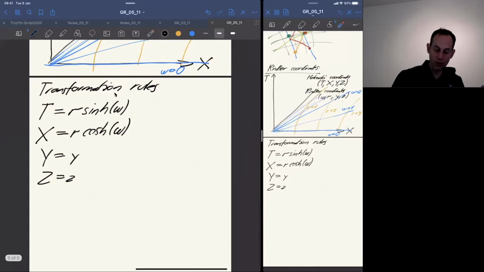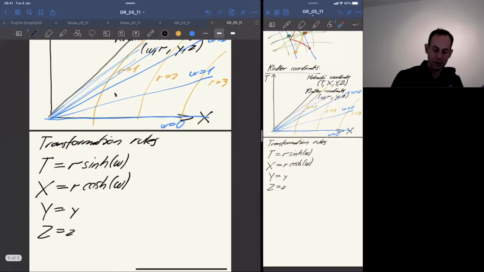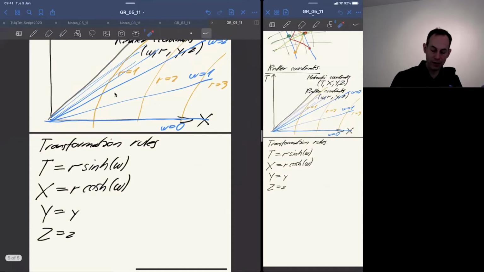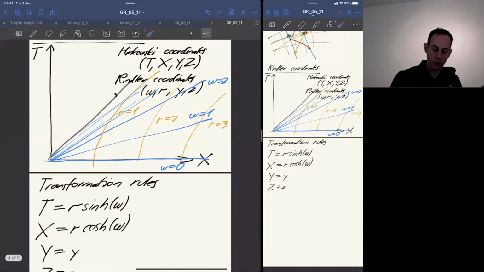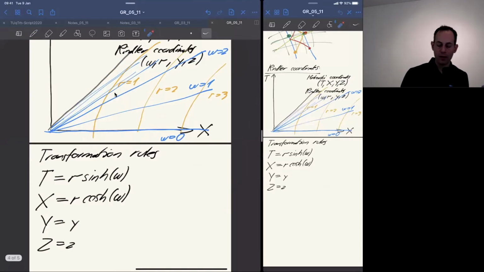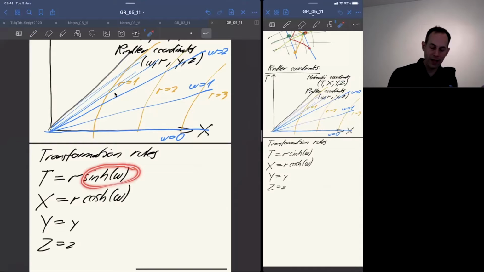Now, why does this correspond to the above? So you see, if I let r be fixed and vary omega, then of course this gives these orange curves. So these orange curves really correspond to the behavior of these functions. And I will just maybe give some more intuition why. But what you can already see immediately is that if you fix omega, then the ratio between t and x is now fixed.